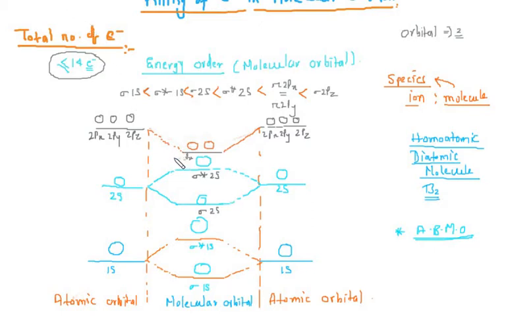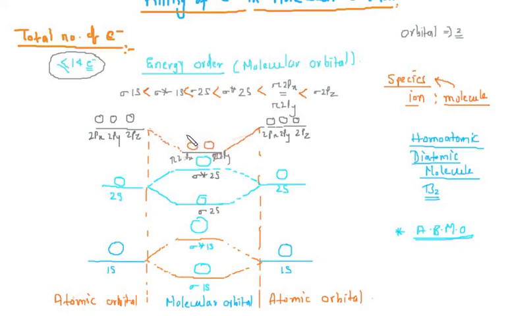So this one is pi 2px, and another one is pi 2py. Okay, so these are the two molecular orbitals, pi 2px and pi 2py.